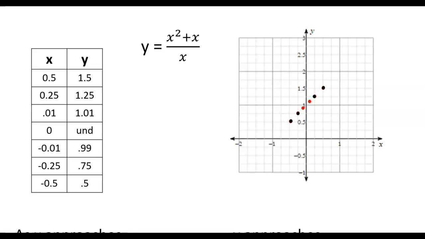Now remember, the y value doesn't equal anything there, but it's trying to get to 1. It just can't quite make it, okay, because it's undefined there. So as x approaches, down here it says a sentence, but you guys can't see it, but it says, as x approaches 0, y approaches 1. It can't equal 1, but it's approaching it.